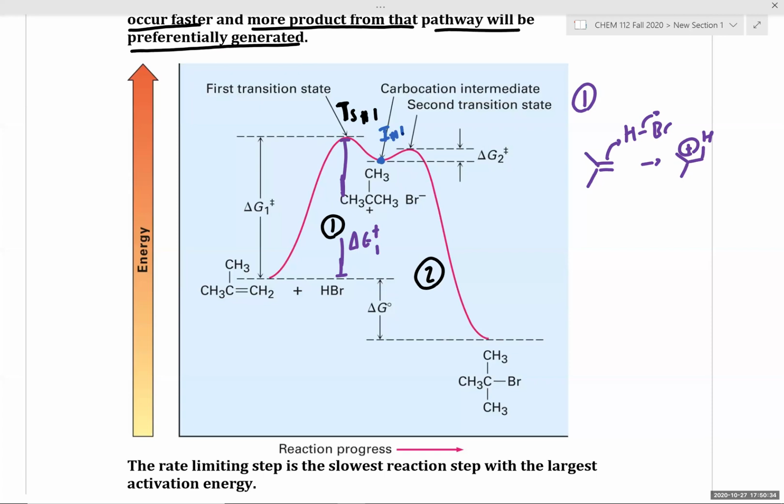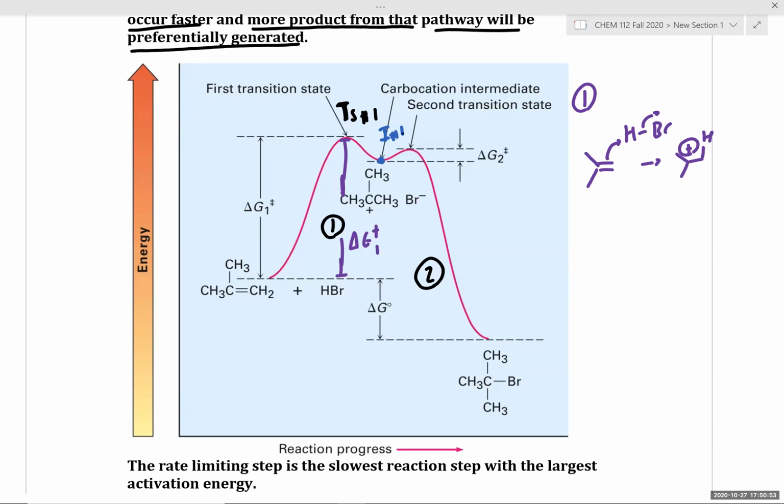An intermediate is a species that is isolable and observable over the course of our chemical reaction. Depending on how stable the carbocation is, you can even potentially isolate and directly observe a carbocation.